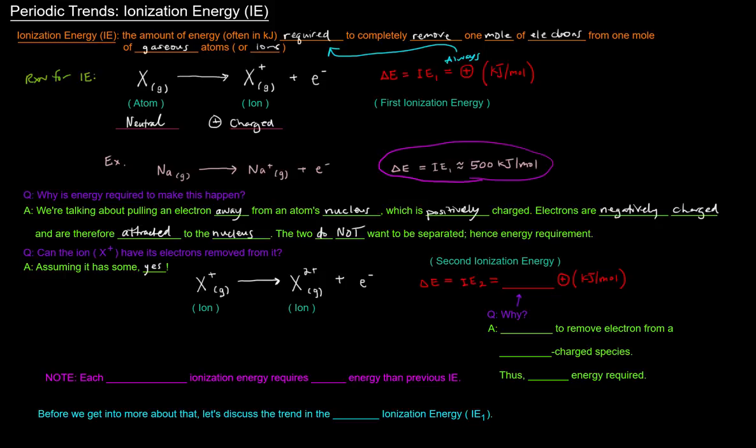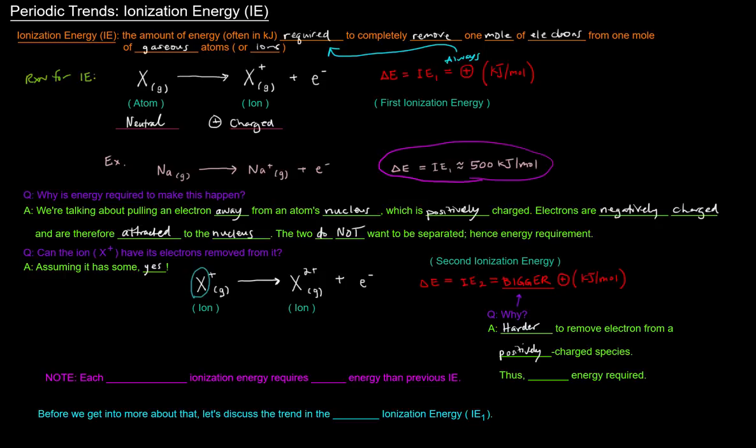Now, the energy change associated with that is going to be a bigger positive value, bigger than ionization energy number 1. Why is that? Well, it's going to be harder to remove an electron from a positively charged species. Initially, we were taking an electron away from a neutral atom, but now we're taking an electron away from a positively charged ion.